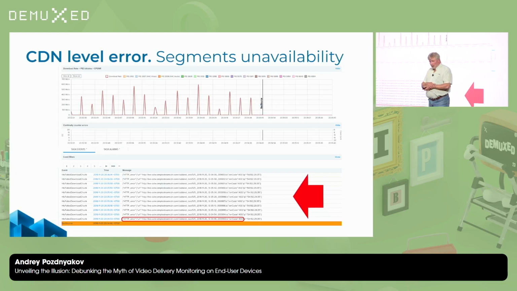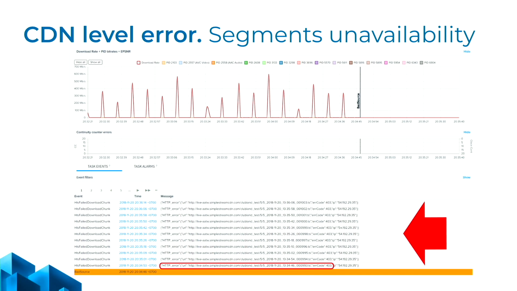Again, segment availability. If everything is delivered, if the delivered video is playable, if we have all the segments in place, this is another 15% of problems.